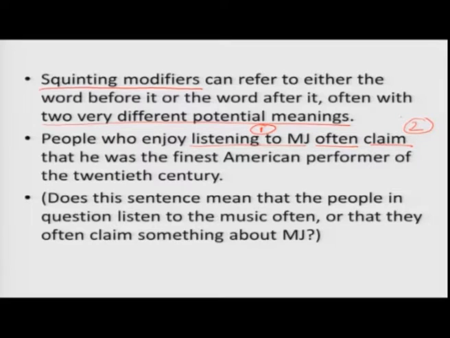So, now the question is, are you trying to say that people listen to MJ often or people claim often? So, there are two possibilities here. That is what I have listed here. The people in question listen to the music often, or they often claim something about MJ. So, here this is a case of squinting modifiers.